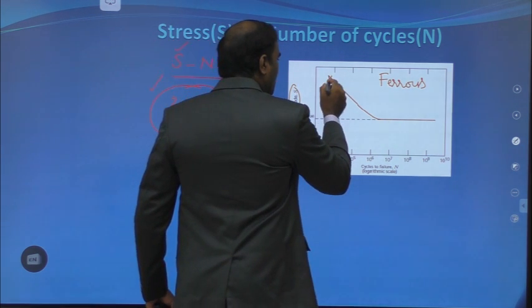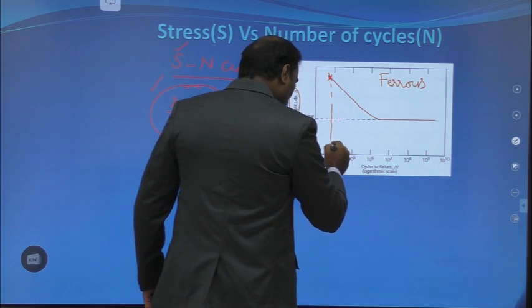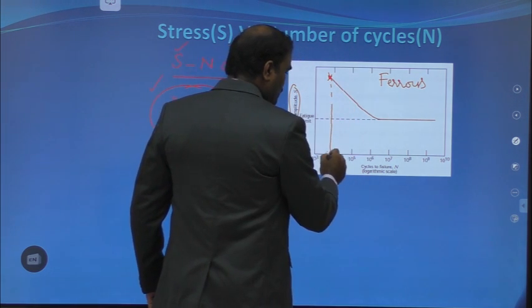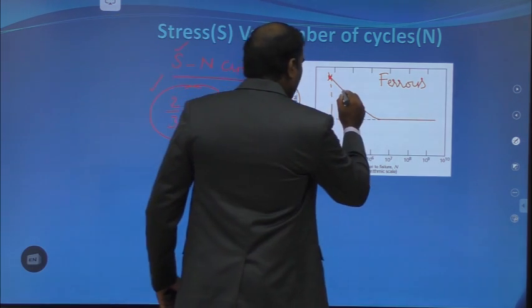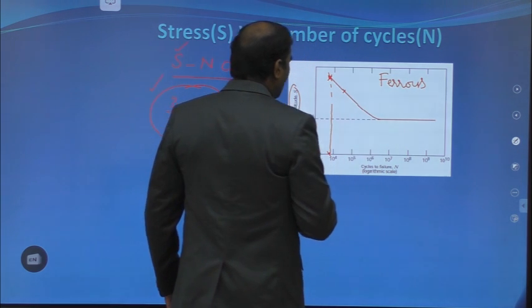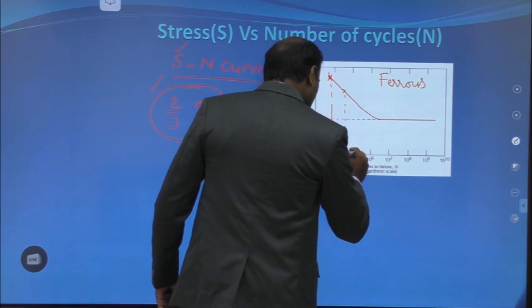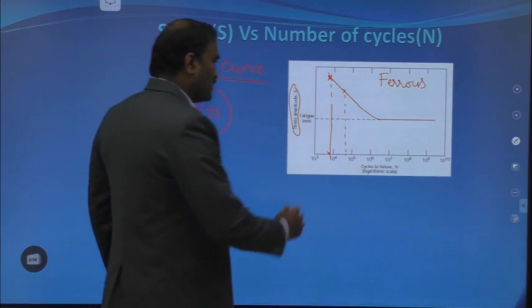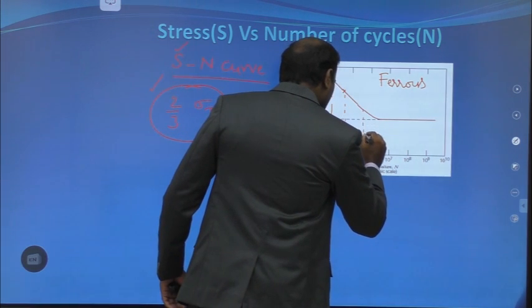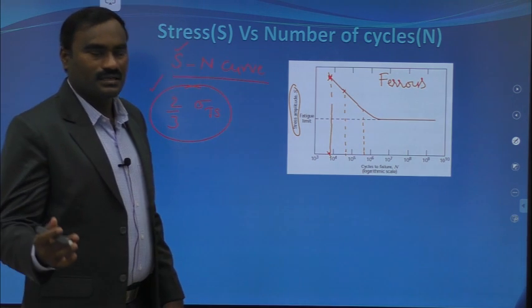If the stress is high, then the fatigue fracture will occur at a smaller number of cycles. If I decrease the stress value, you can see here that the number of cycles increases. If I reduce the stress value still further, the number of cycles keeps increasing.